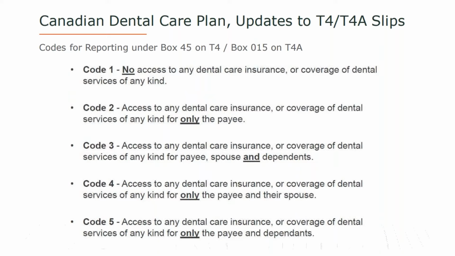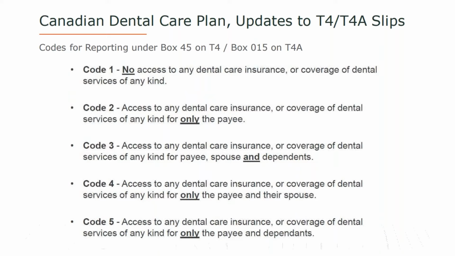If you do allow employees to have access to a dental plan or coverage of any kind for only the employee, as at December 31st, then you would put code 2. The majority of the people on this call could potentially offer a dental plan to employees, their families, and their spouses, which would be code number 3.